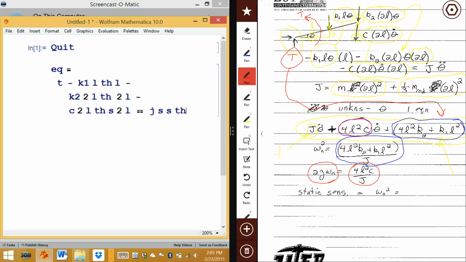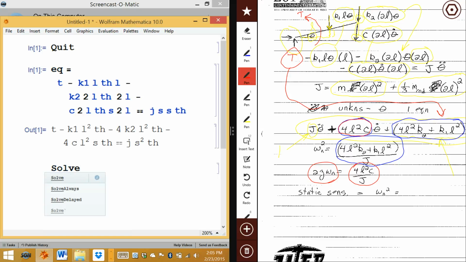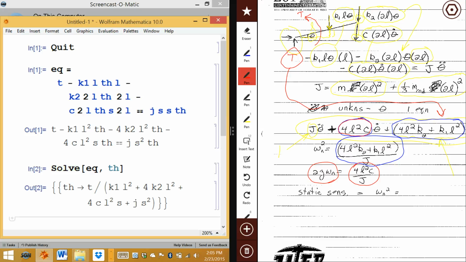So that's my equation, and I want to solve the equation for theta. And there you have it.